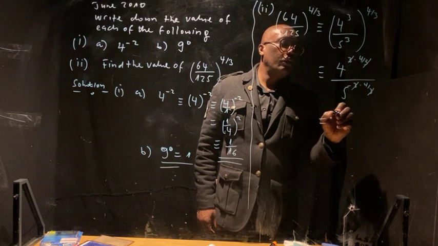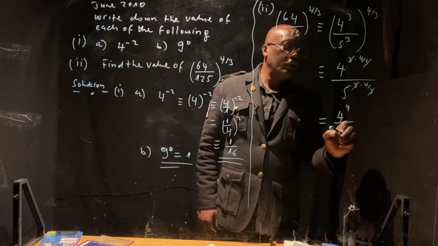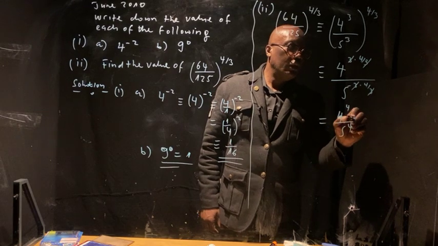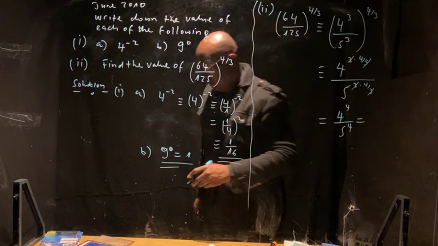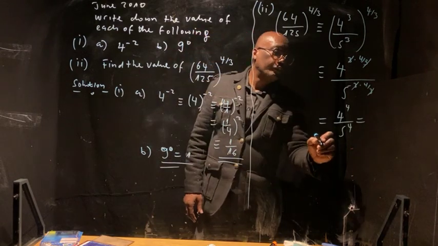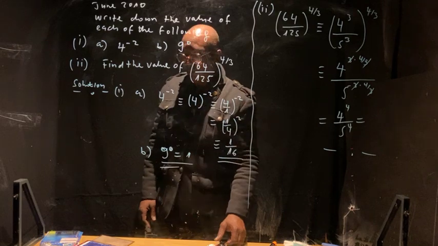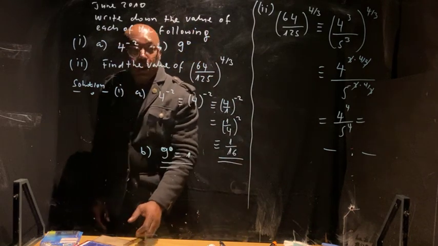So we have 4 raised to the power 4 over 5 raised to the power 4. You use your calculator to calculate it. So cheap. Let's try another one.